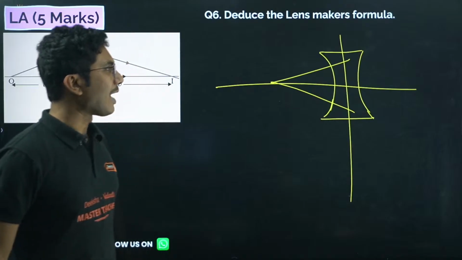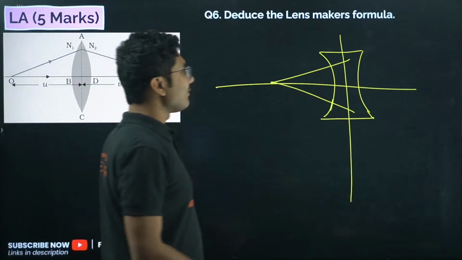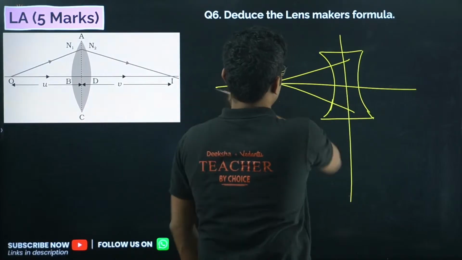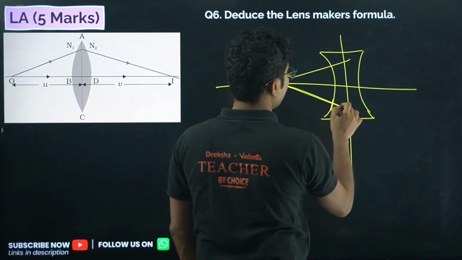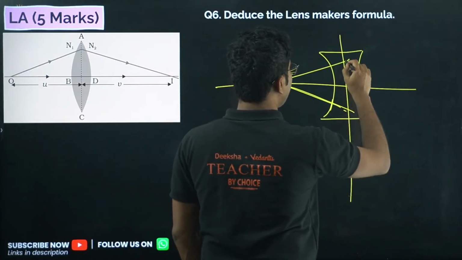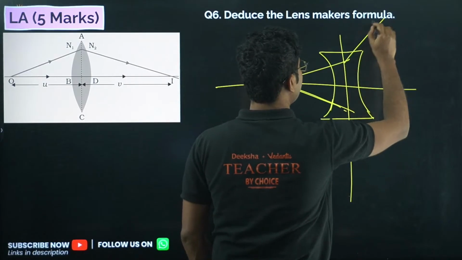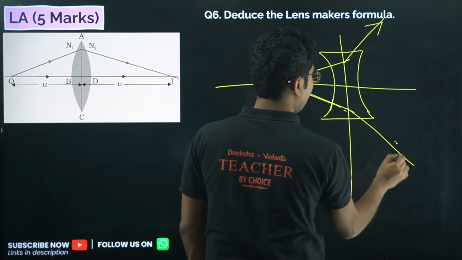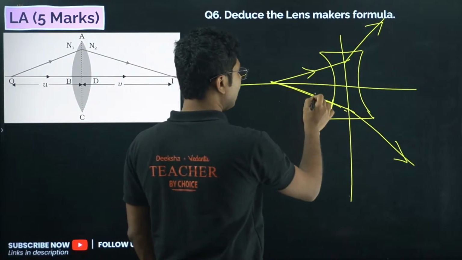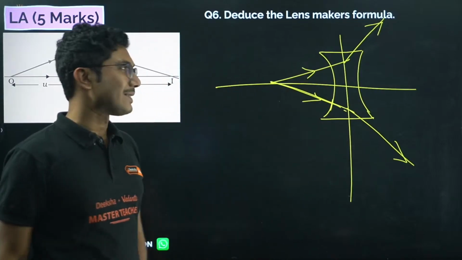What will happen in this case? A concave lens will start diverging, right? It will diverge.